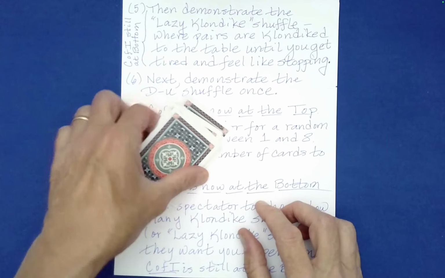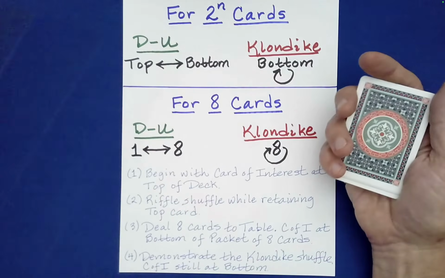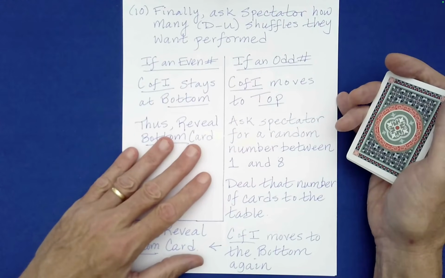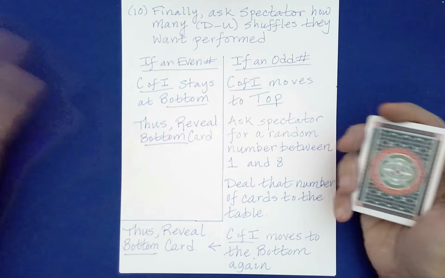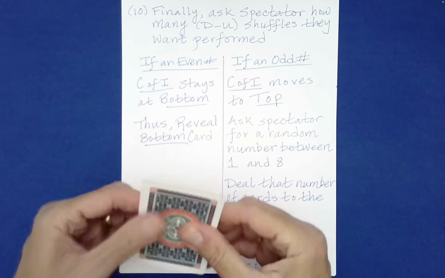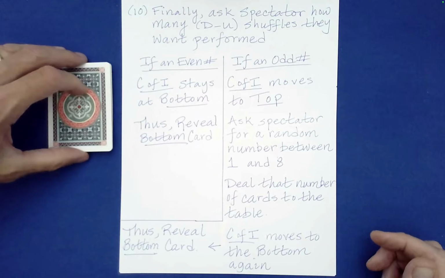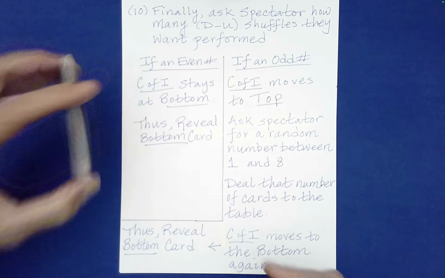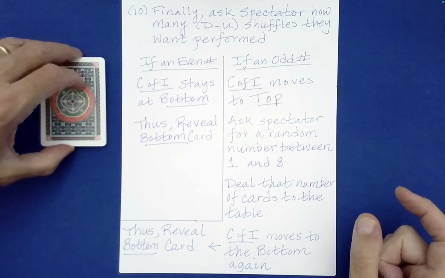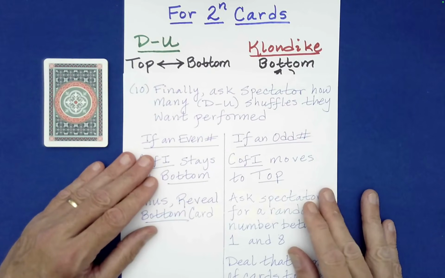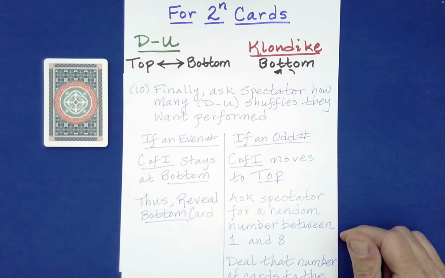That joker stays on the bottom. You can do a lazy one as well. Okay, and then you can ask the spectator for any number of down unders. Okay, so this is where you just have to pay attention. Right now, the joker's at the bottom.